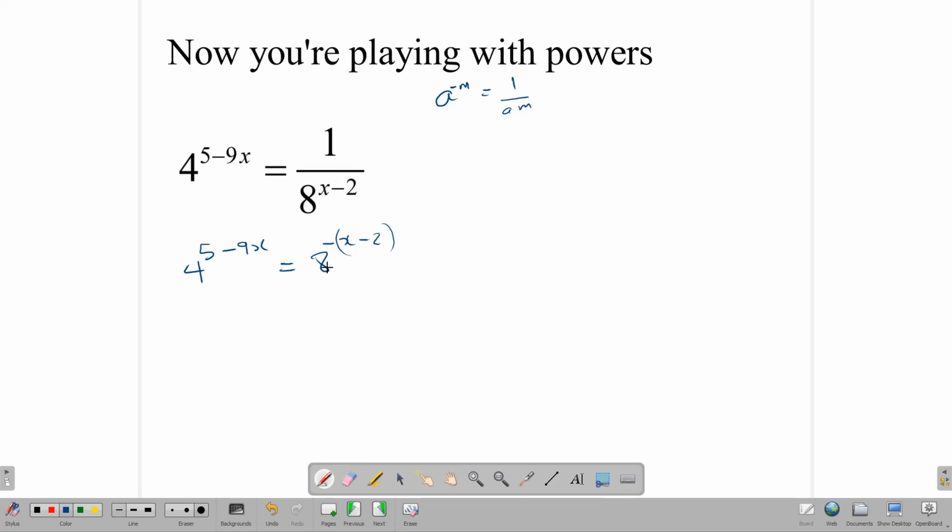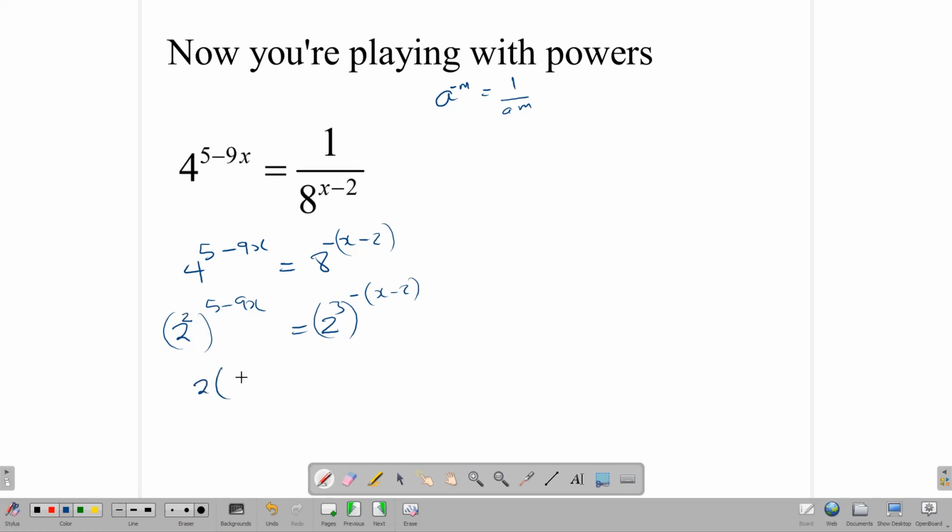So here we go. Now we need to write both of these in the same base. So we can write 2 squared raised to the 5 minus 9x. And here we have 2 to the third, which is 8, raised to the negative x minus 2.